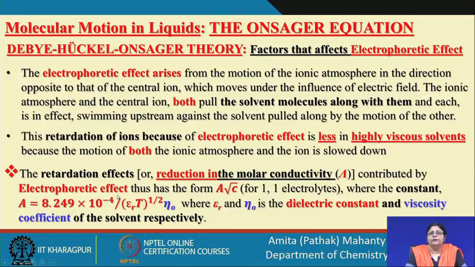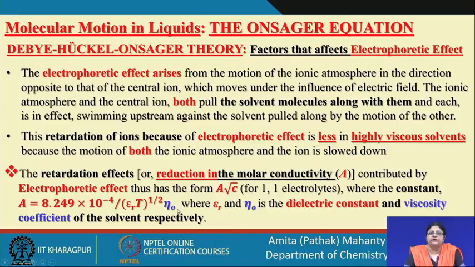Okay. So, the electrophoretic effect associated with the ionic atmosphere, when it contributes to the retardation or lowering of the molar conductivity, can be given by this expression: A equal to 8.249 into 10 to the power minus 4 divided by, you have the parameters dielectric constant and temperature, raised to the power half, into eta naught.